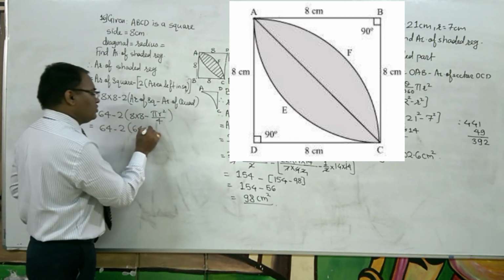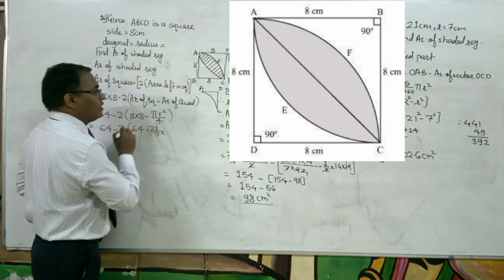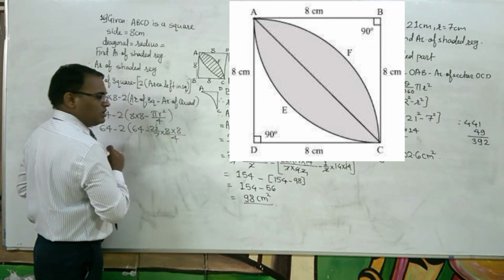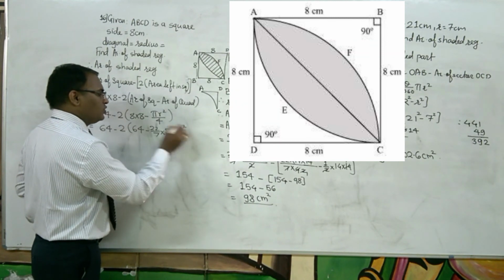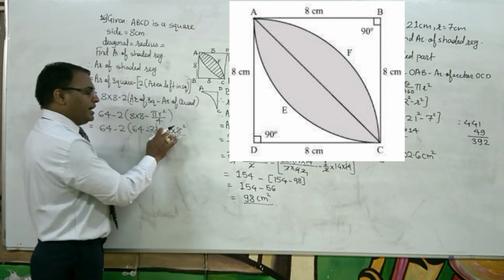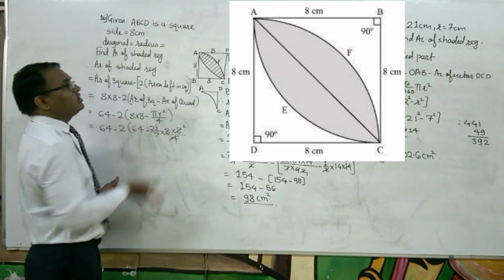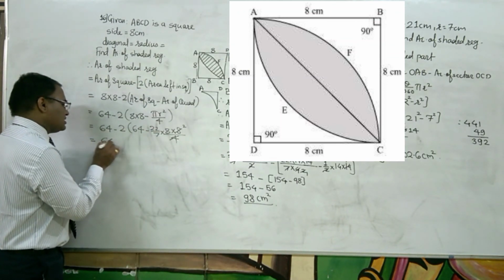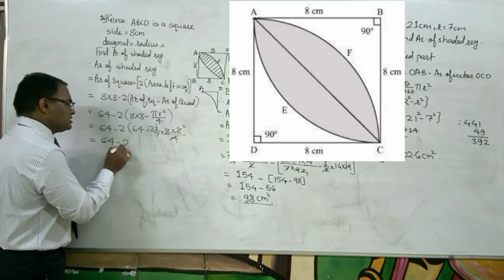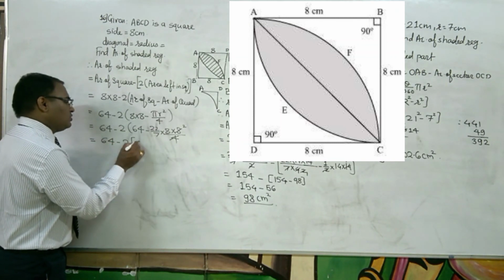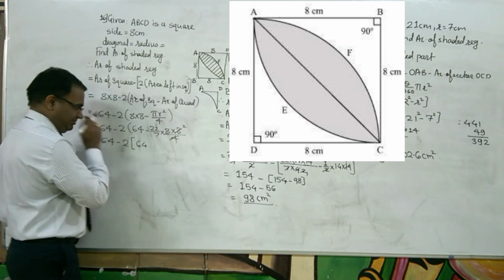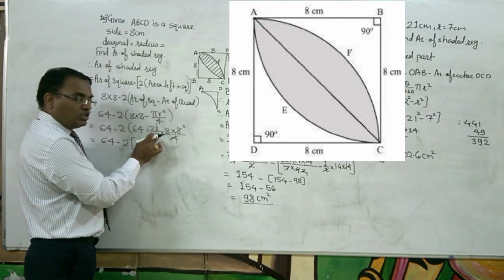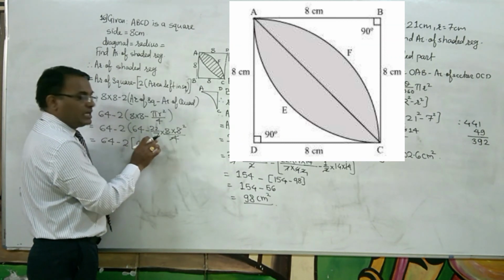And now pi is 22 by 7, the radius is again 8 into 8 and then divided by 4, right? So 4 ones are 4, 4 twos are 8, only this thing we can do. 8 twos are 16 and then 16 into 3.14 also we can do it. So that is 64 minus 2 into 64 minus, 22 by 7 is nothing but 3.14 into 16 we can do.